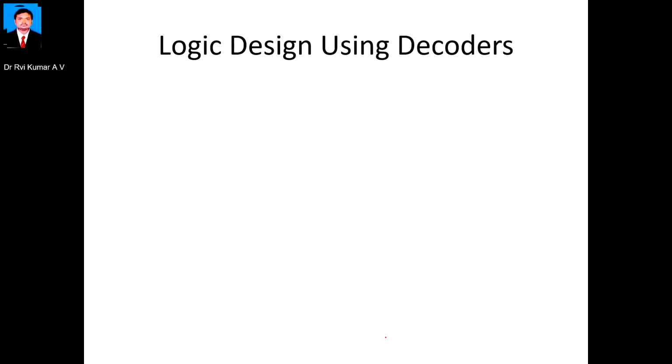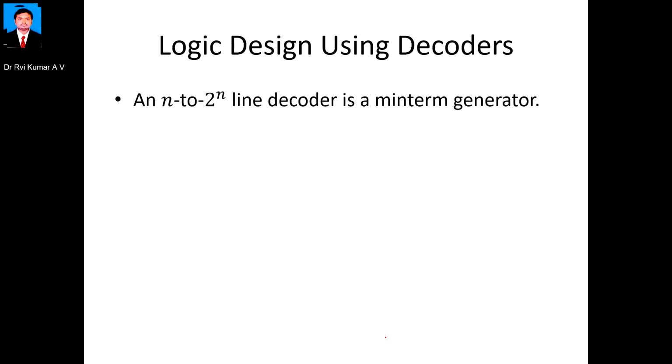Now we'll see some designing of logic systems, how we can design by using a decoder. As we know, an n input to 2 power n line decoder is a min-term generator.